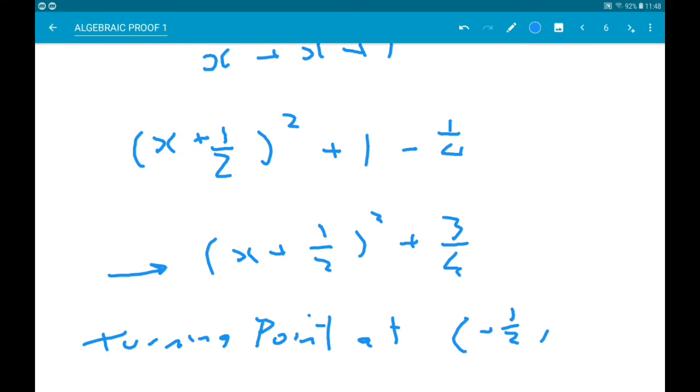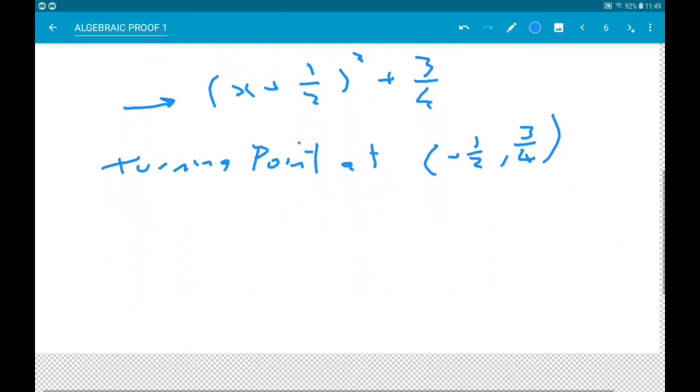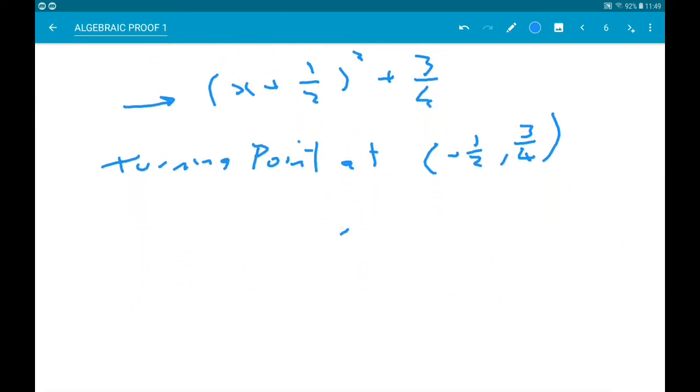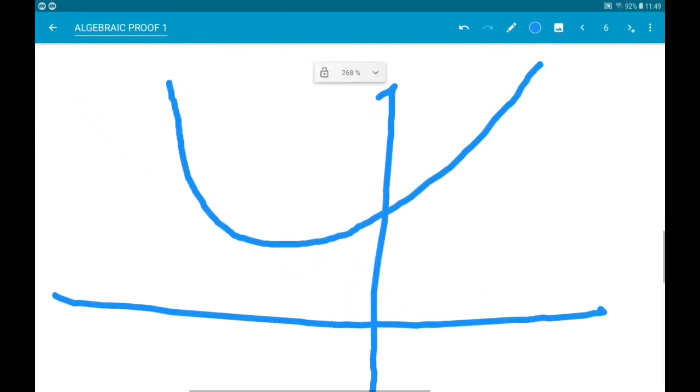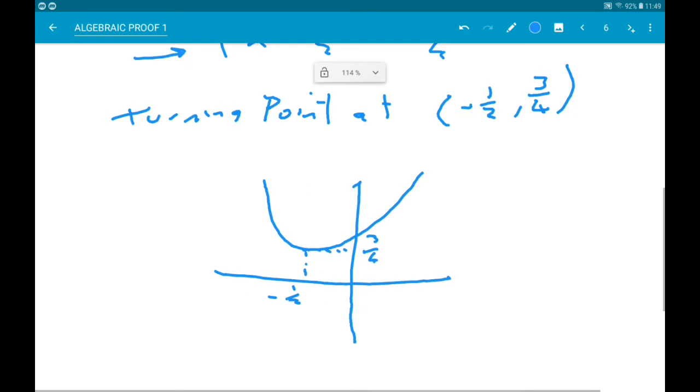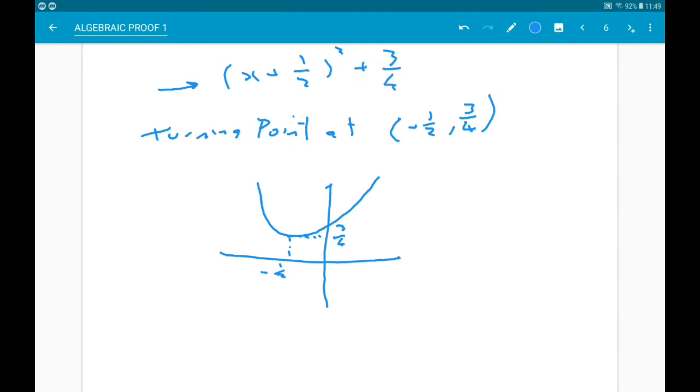And then the y-coordinate is just the number on the outside, so 3/4. So again, if we look at the graph, we can draw it a bit more accurately now. It's going to look something like this, where this point is at (minus 1/2, 3/4). So we now know then the minimum value of the expression is 3/4.